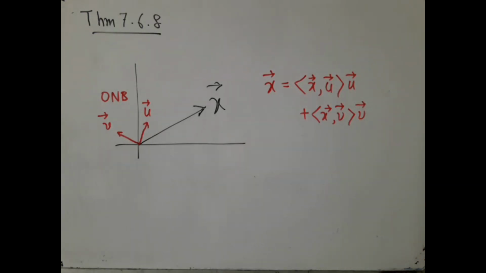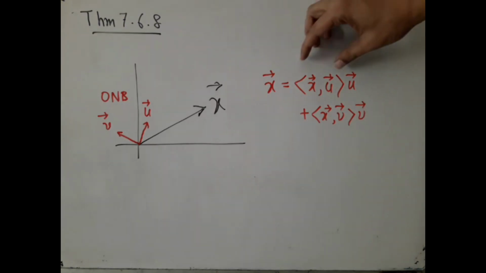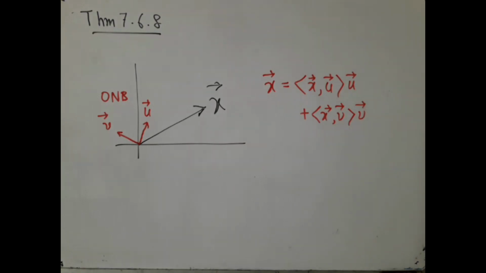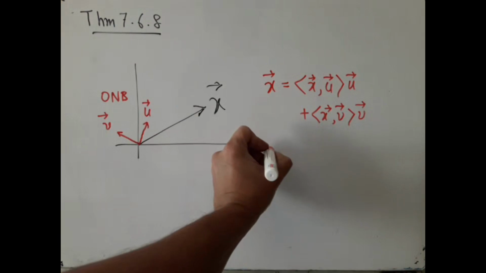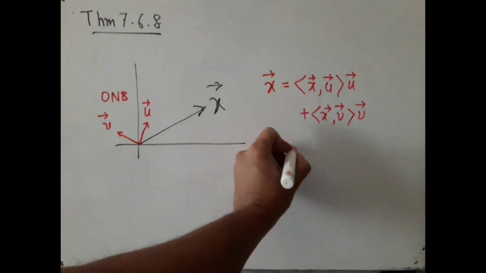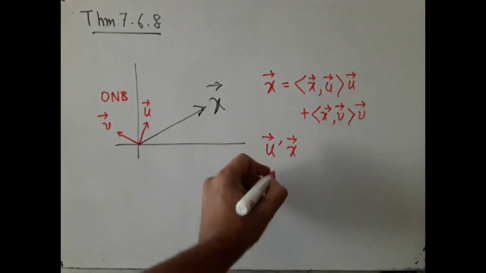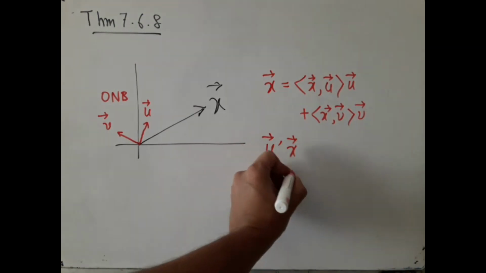Now, I know that whenever I want to express anything in terms of an inner product, I can also do it in terms of matrix multiplication. So this inner product of x with u can be thought of as u transpose x, and this may be considered as v transpose x.